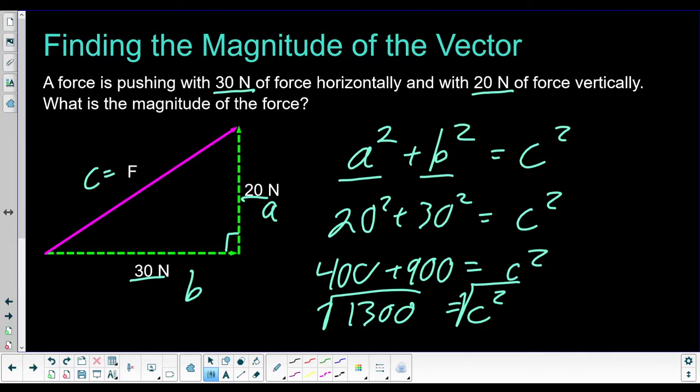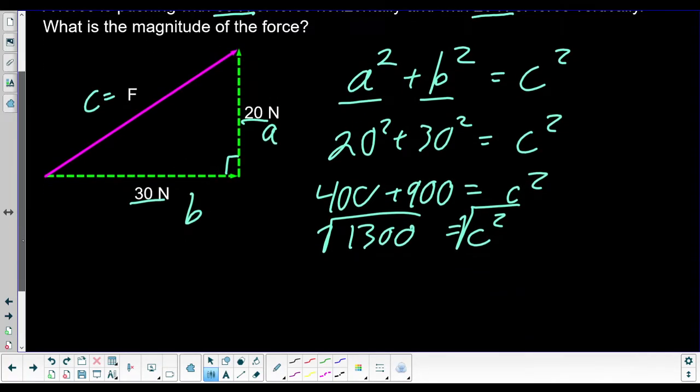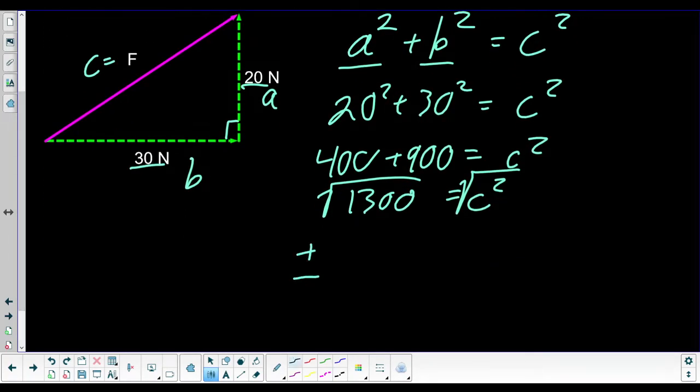I understand that most of the time when you take a square root in math, you're used to putting a plus or minus here. But this is a length of a triangle. Triangles can't be negative something long, right? If I ask you how tall you are, you don't do a handstand and then tell me you're negative 5'6", right? You just say, I'm 5'6", regardless of what position.